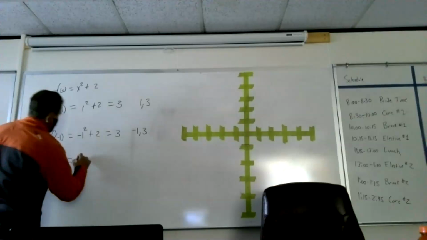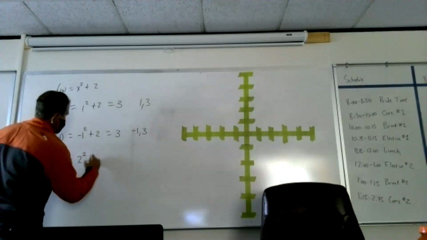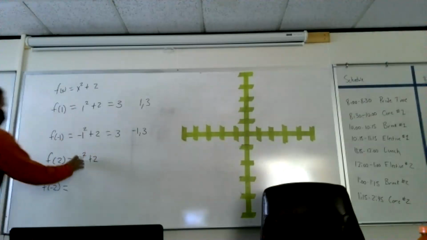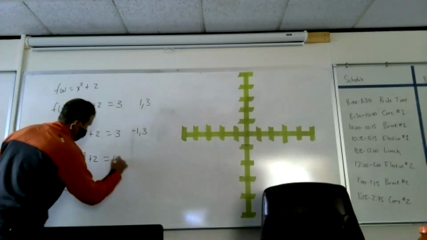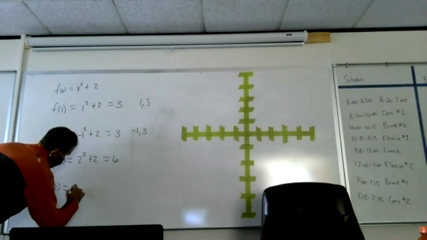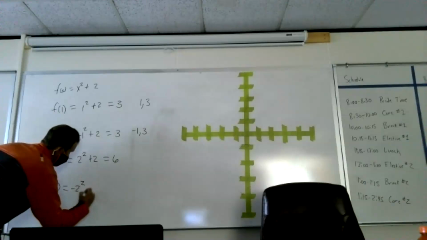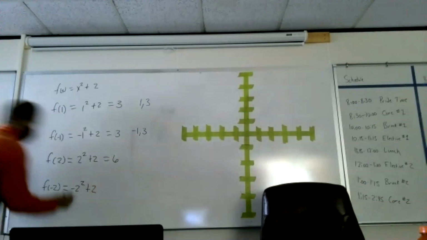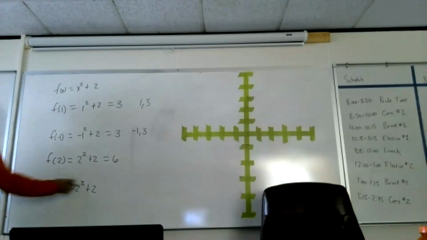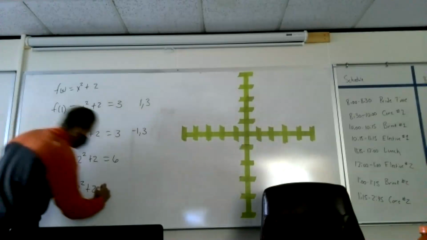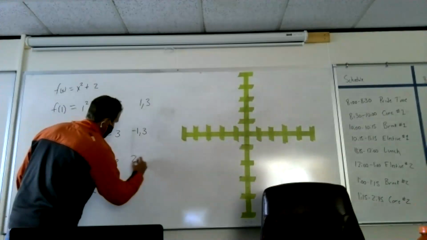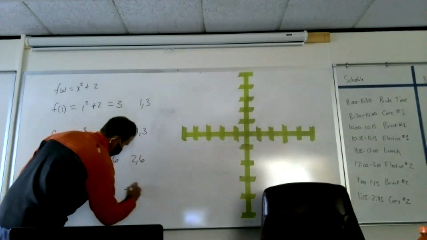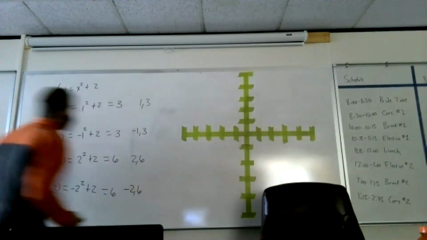For f of 2, it's 2 squared plus 2. 2 squared is 4, plus 2 is equal to 6. For f of negative 2, it would be negative 2 squared, which is 4, plus 2, which is also equal to 6. If I list them out as ordered pairs, I have (2, 6) and (negative 2, 6).